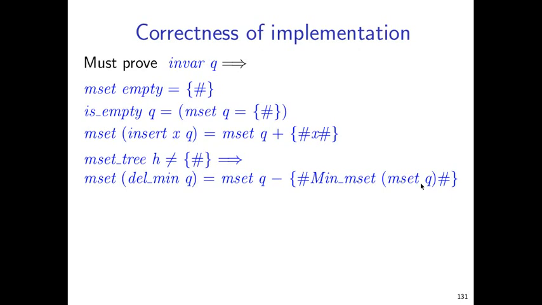And this min m set is just the minimal element of a multiset. You can define that. If you have a linearly ordered multiset, you can define its uniquely defined minimal element. Because it's a linear order and multisets are finite, in particular multisets represented by Qs, there's no problem in defining that.